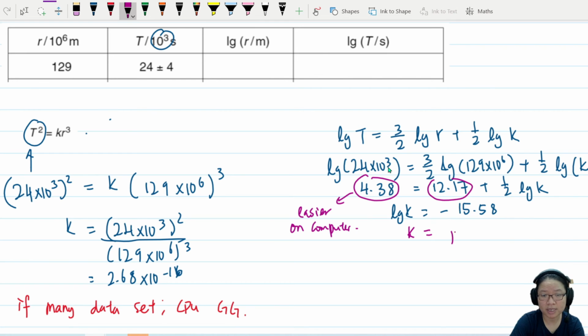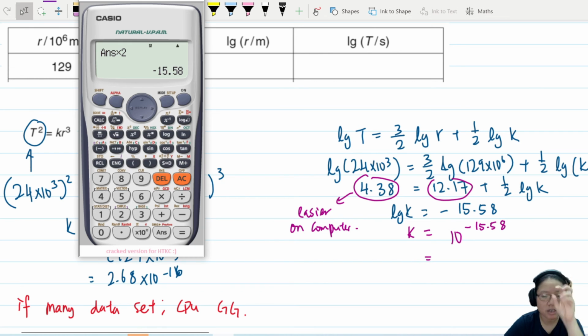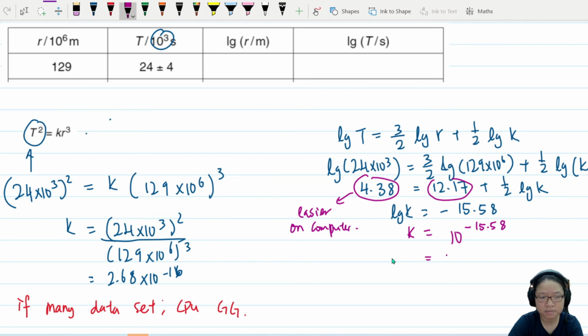So k would be 10 to the power of negative 15.58, which is the only difficult part for your computer to do. I'm going to put 10 to the power of negative 15.58. I want to paste the answer in, but never mind. So I'll get 2.63 times 10 to the power of negative 16.